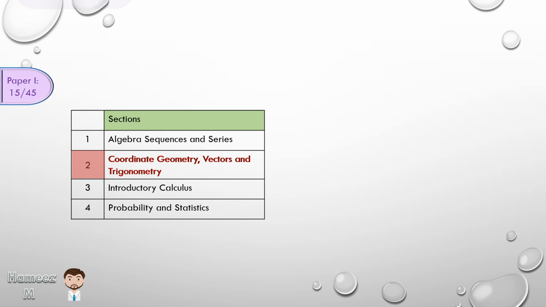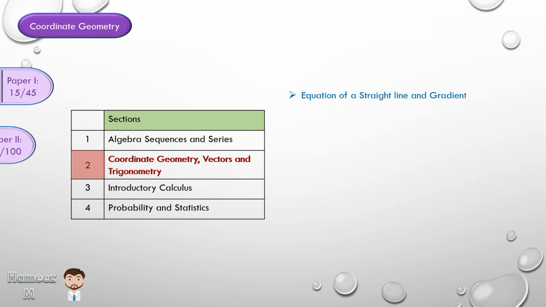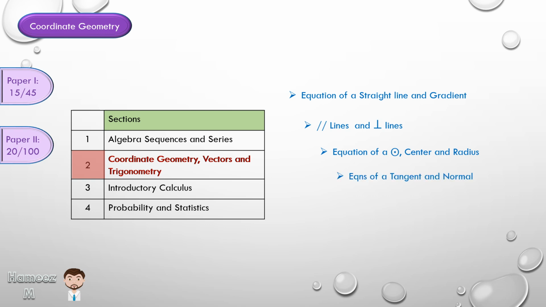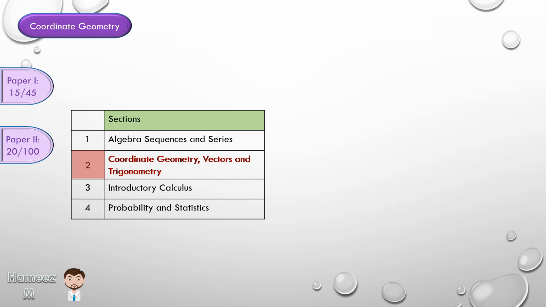This can be subdivided into coordinate geometry, which is made up of finding the equation of a straight line and its gradient, parallel lines and perpendicular lines, the equation of a circle, its center and radius, equations of a tangent and normal to the circle, finding the points of intersection of two straight lines, just as in the CSEC Maths syllabus, and also finding the point of intersection between a straight line and the circle.